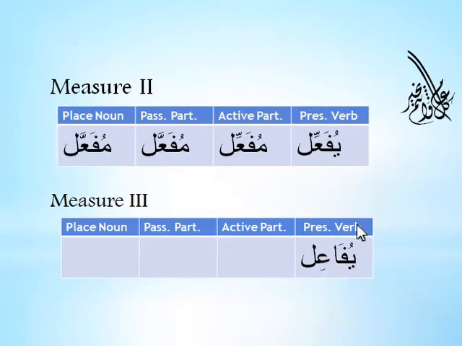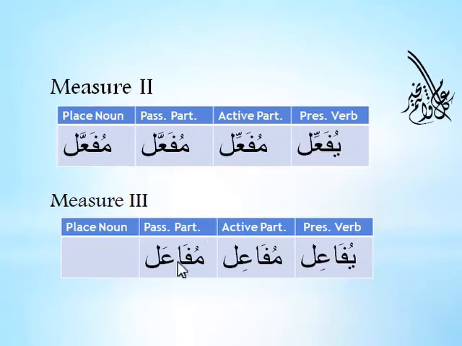Otherwise it's the same, right? Yufa'il, yufa'il. Same u, same i, same pattern. Well, this is going to be great because the same thing is going to hold. We're going to change this u to a mu, mufa'il. This is the active participle. This is the doer of whatever this is.